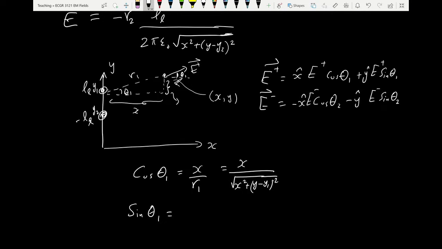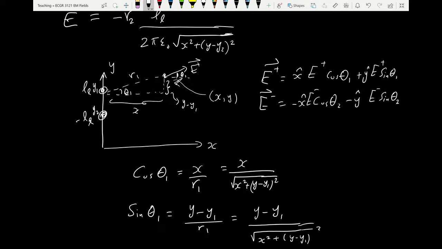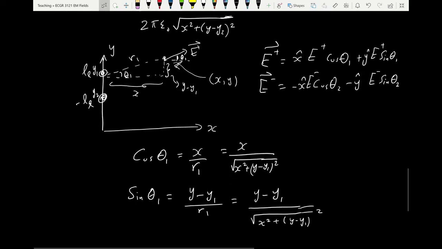So if this point in space is at coordinate x, y, this distance is going to be y minus y1, right? So sine theta 1 is going to be y minus y1 over r1. It's going to be y minus y1 over the square root of x squared plus y minus y1 squared. Okay, that's where that comes from.